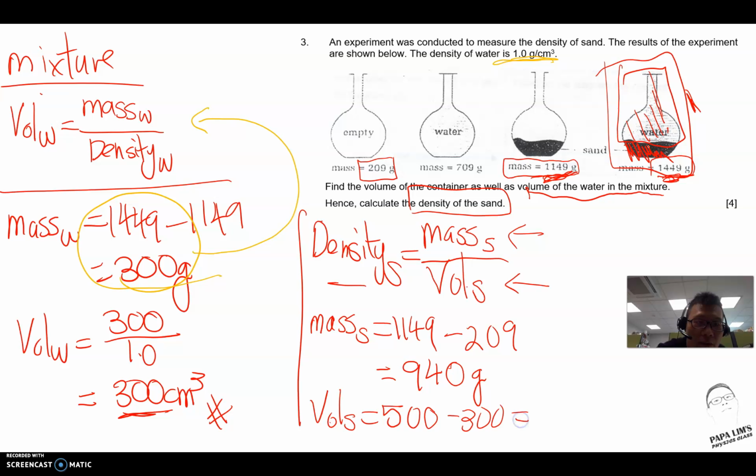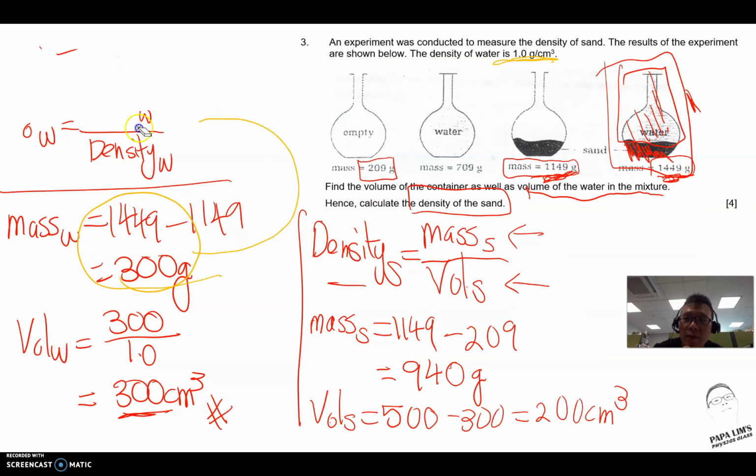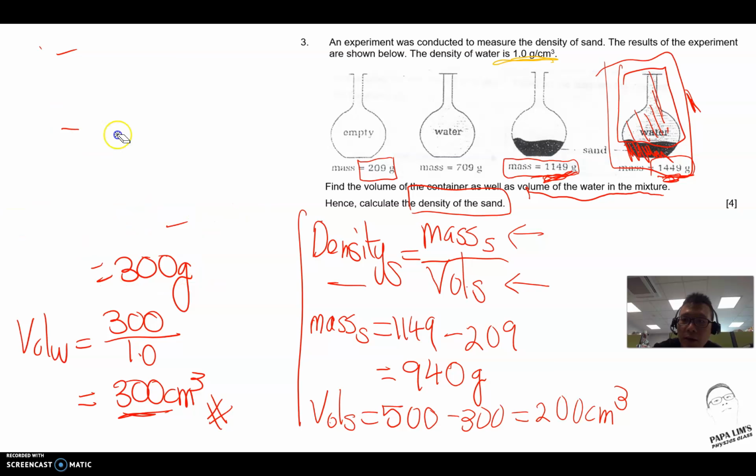So I will have the remaining, which is the volume of the sand, which is 200 centimeter cube. Now I have the volume of the sand, I have the mass of the sand. I actually can find what the question is looking for, the density of the sand.